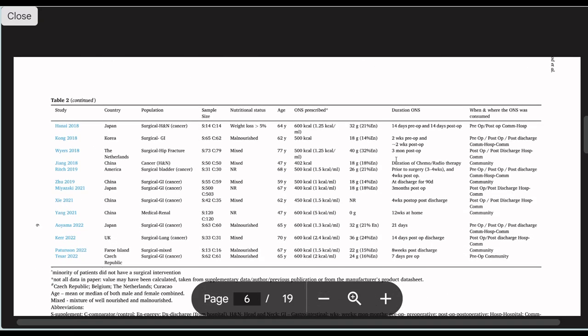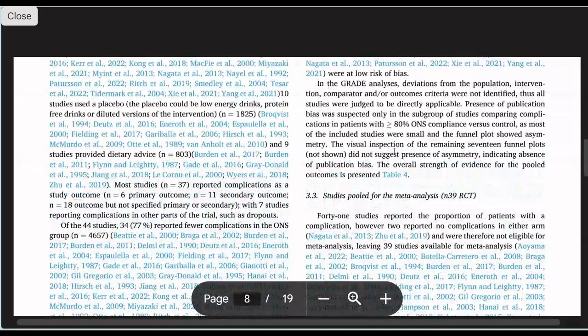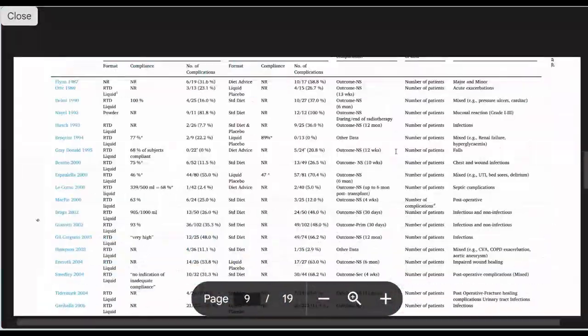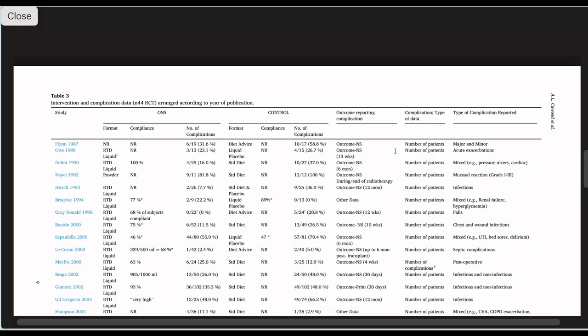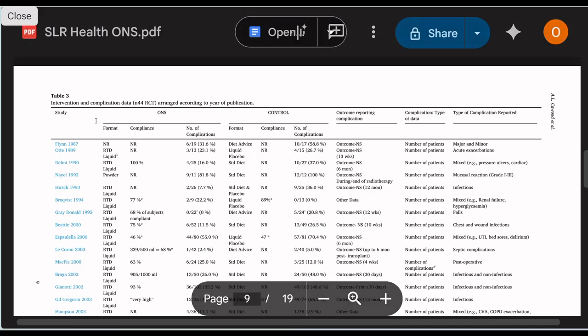So the type of your research question will determine the type of information you extract. Now let's look at this table, which shows us a different data set. Basically, the information that you extract is a function of the question you want to answer.